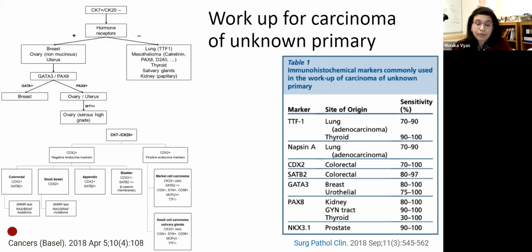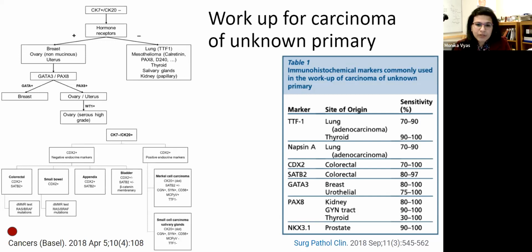Mesothelioma is one pitfall that always has to be kept in mind, because it will be positive with your cytokeratins, but you have to do additional mesothelial markers to eliminate that possibility. Especially in pleural and peritoneal sites, one always has to consider mesothelioma in the differential diagnosis.